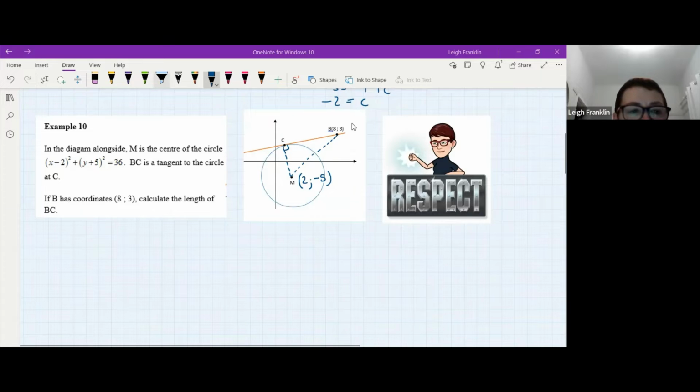Okay, so that comes from here. Remember this information over here is radius squared. So if r squared is equal to 36, it means that the radius, i.e. CM, must be equal to 6 units in this case.